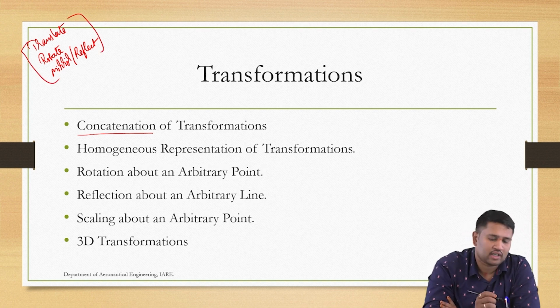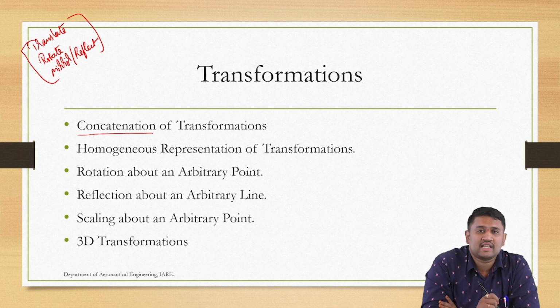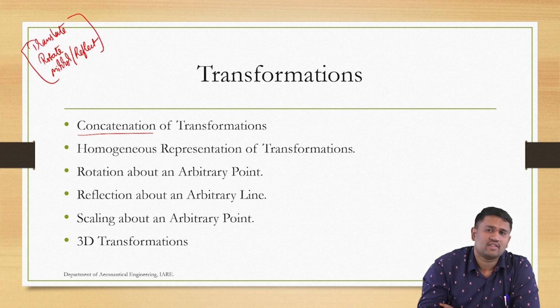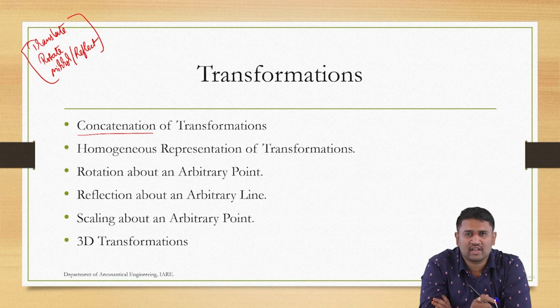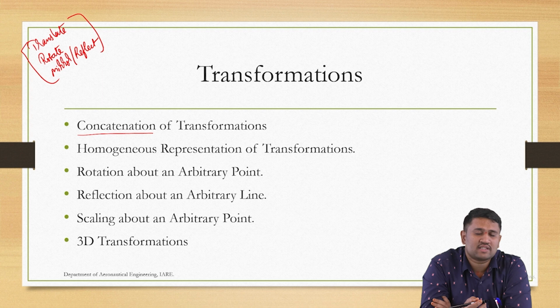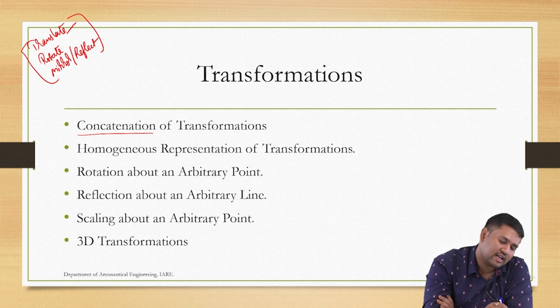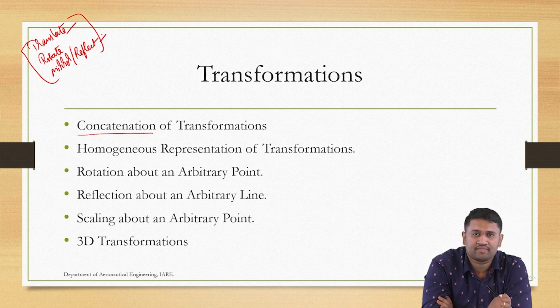In any CAD modeling, right, these are the major transformation features that you'll be using. Sometimes multiple transformations are required to get the final repositioning of your object. For example, I want to create a translate as well as a mirror, right.